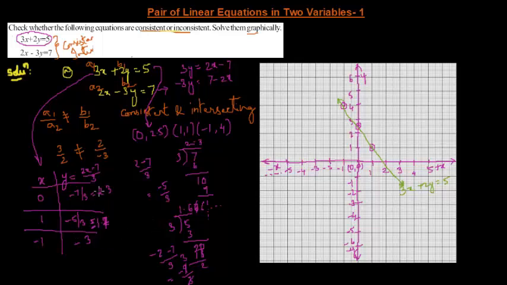So let me mark this one. The first point is 0 comma minus 2.3. The second point is 1 comma minus 1.7. And the third point is minus 1 comma minus 3.